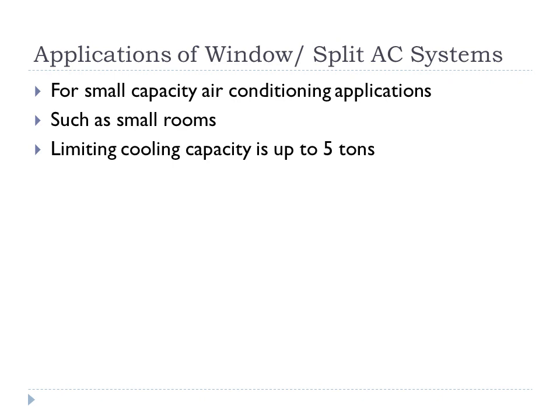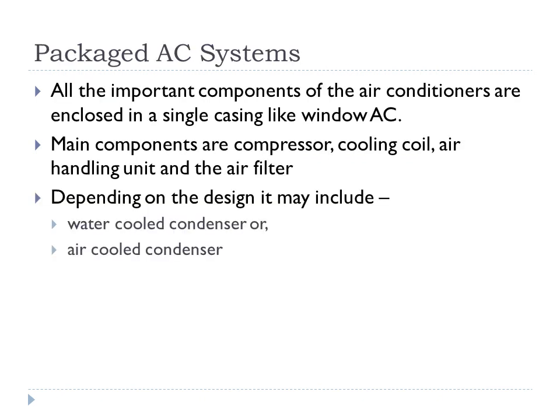So one more thing, let me tell you that when cooling capacity required by us is up to 5 tons, we can go for window or split AC system. When the requirement is more than 5 tons, we will go for packaged AC system.